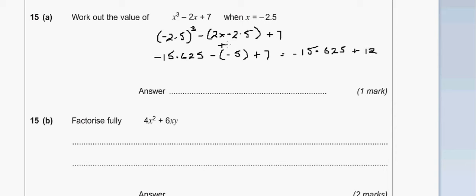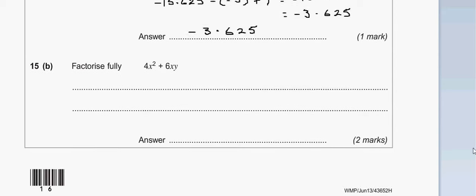Okay, you have to be careful of these negatives and positives. Now that will equal minus 15.625 plus 12 will give me minus 3.625. So our answer will be minus 3.625. Okay, a lot of work for one question.